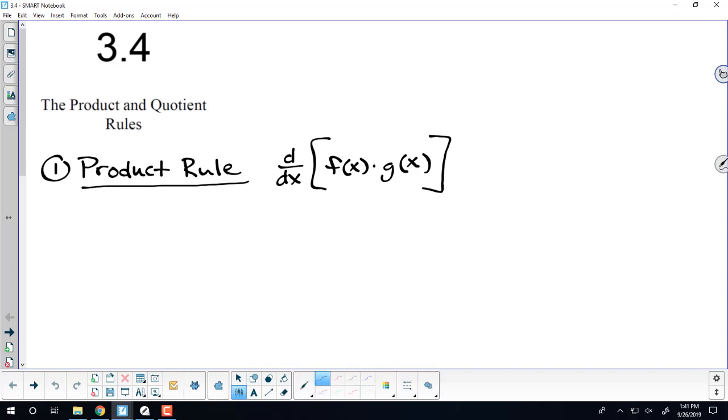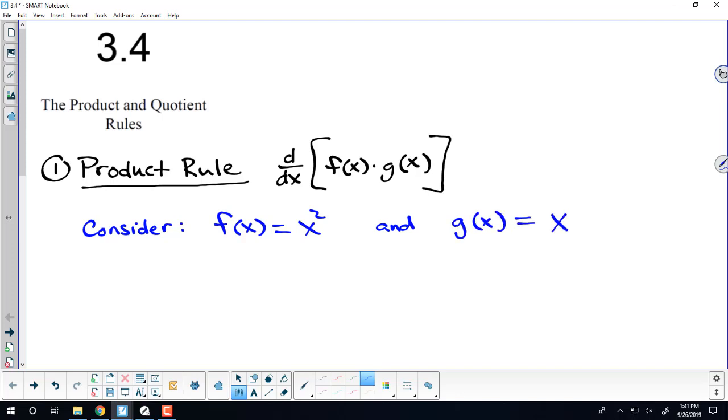We already sort of alluded to this, but we'll use a couple of specific functions to motivate this. So let's consider f of x to be x squared and g of x to be x to the fifth.